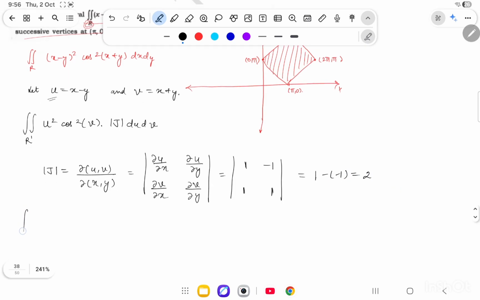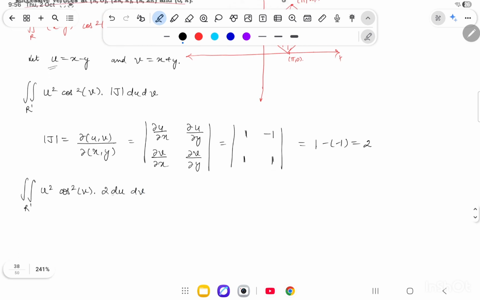So my integration reduces to the integration over region R dash of u square cos square v into 2 times du dv. Now I can pull this 2 out of the integration sign, so it will be 2 times the integration over region R dash of u square cos square v du dv.